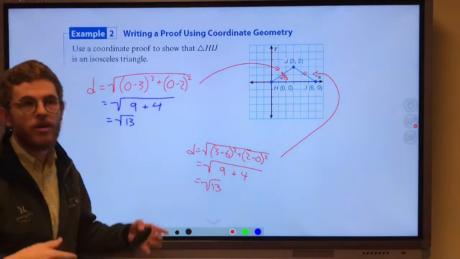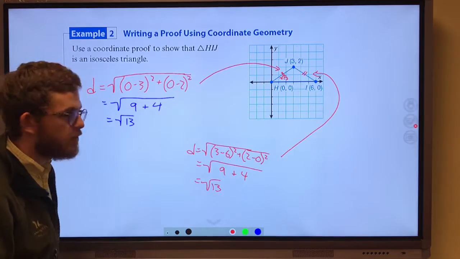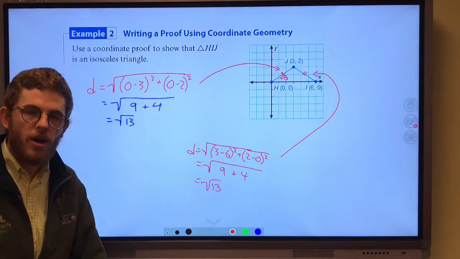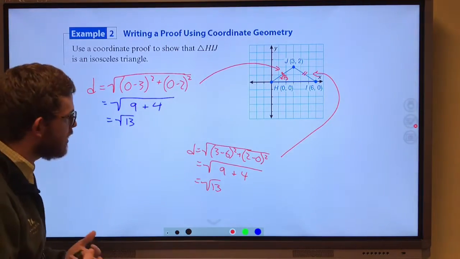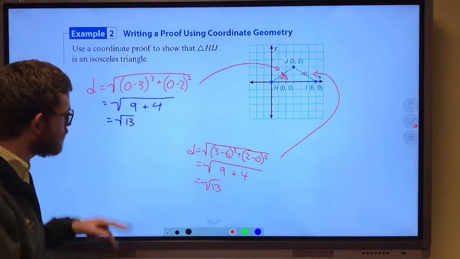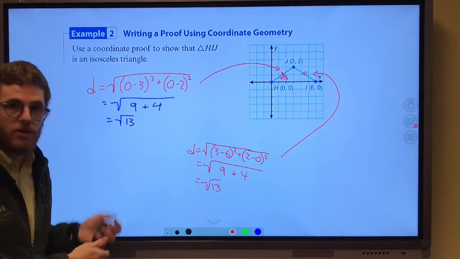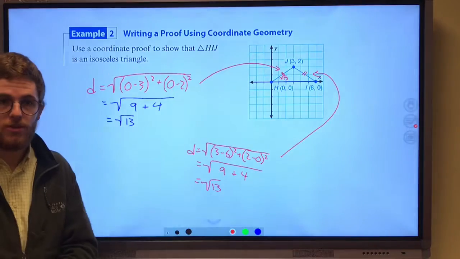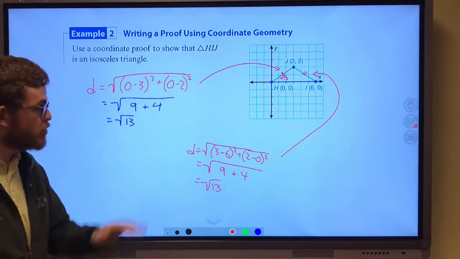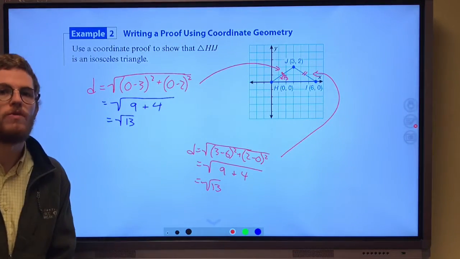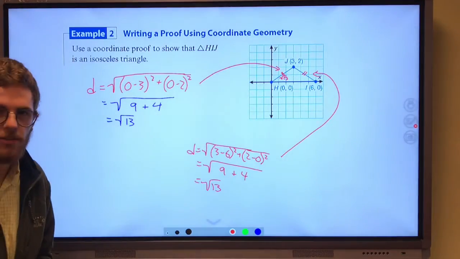So since both sides are square root of 13, if 2 sides are the same measure, if they're the same length, then that means they are congruent. So just by finding the distance between these points and showing these 2 sides are equal, we've shown that this is definitely an isosceles triangle.